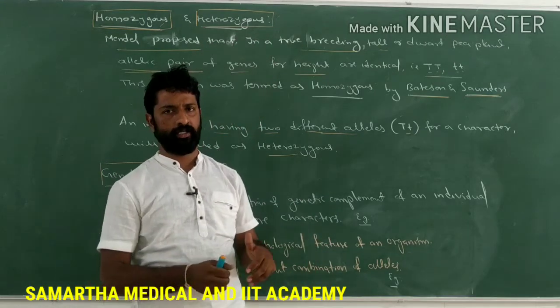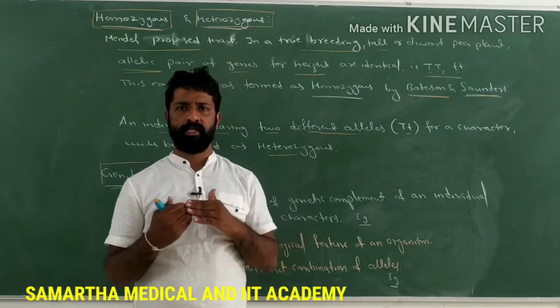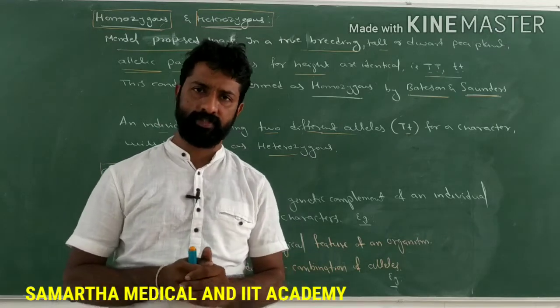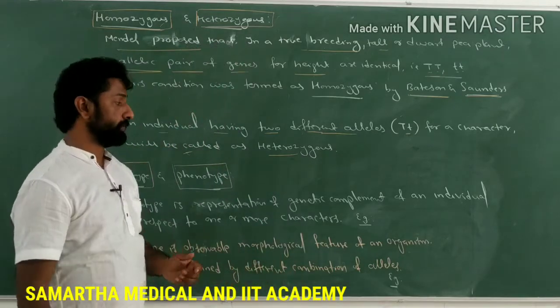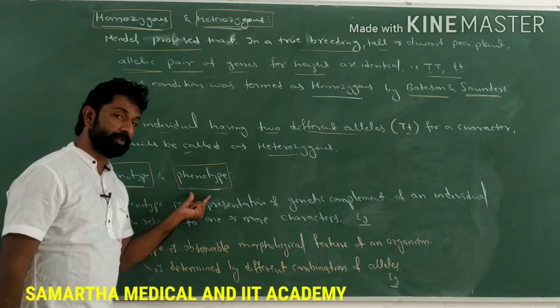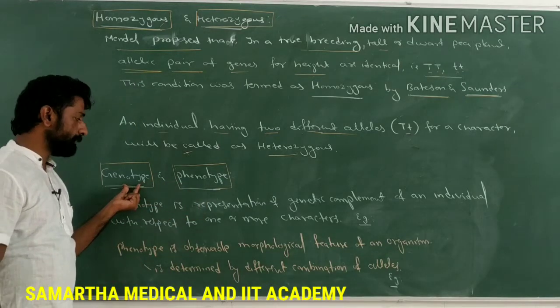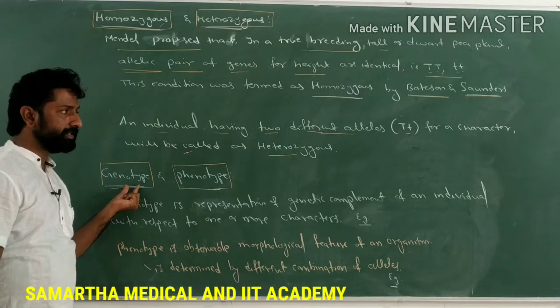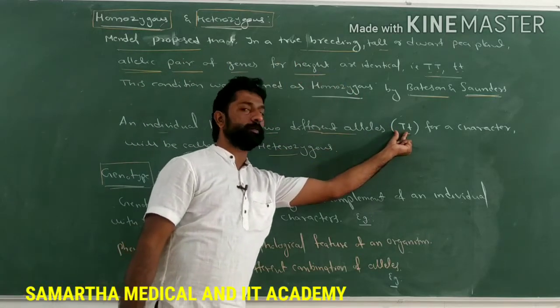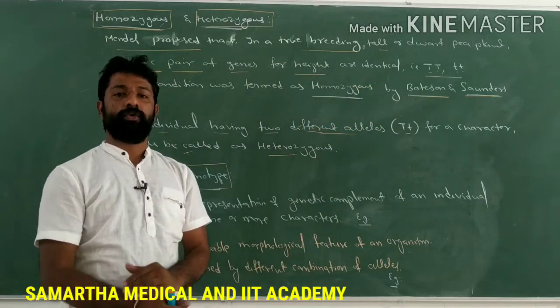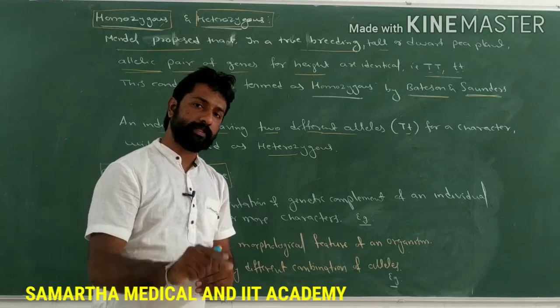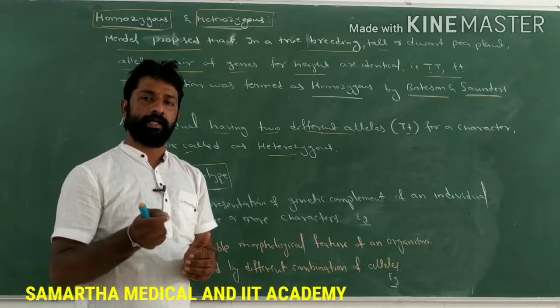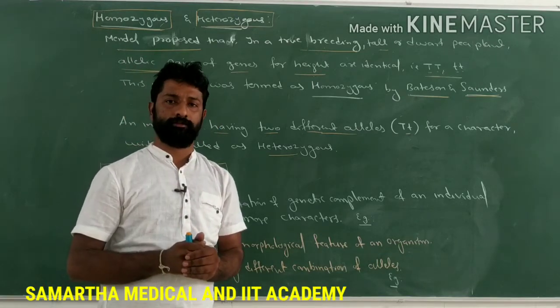Heterozygous means allelic pair will be having slightly different alleles of the same gene. So what do genotype and phenotype mean here? Genotype refers to the genetic complement of that particular organism, whether it is homozygous dominant or heterozygous dominant.